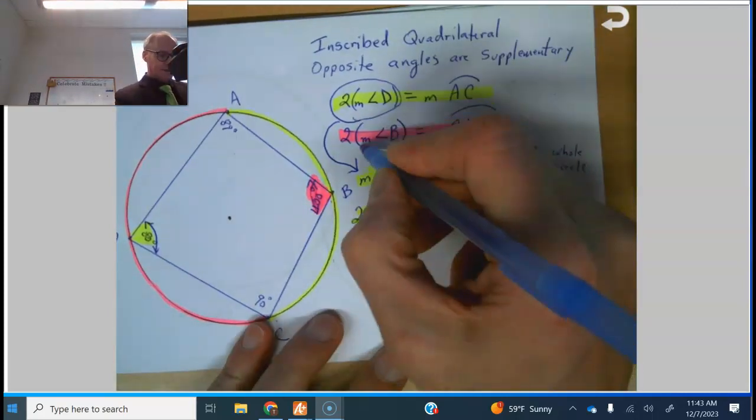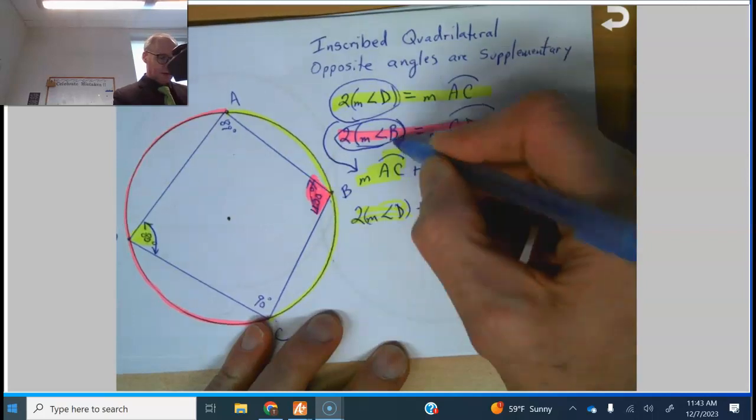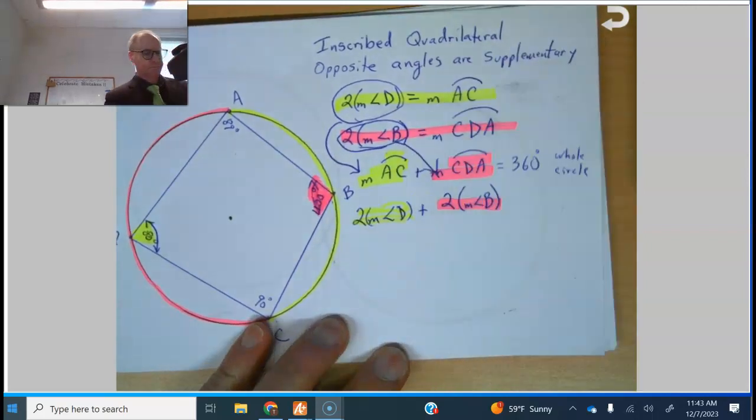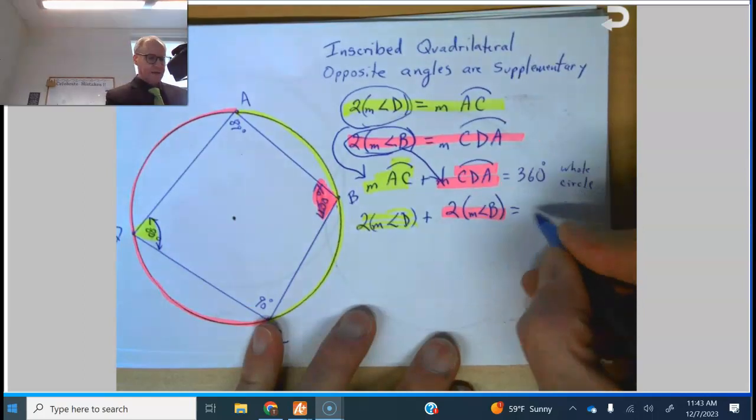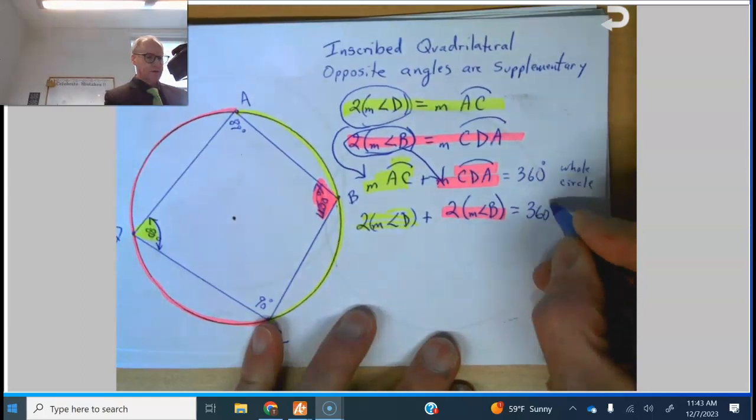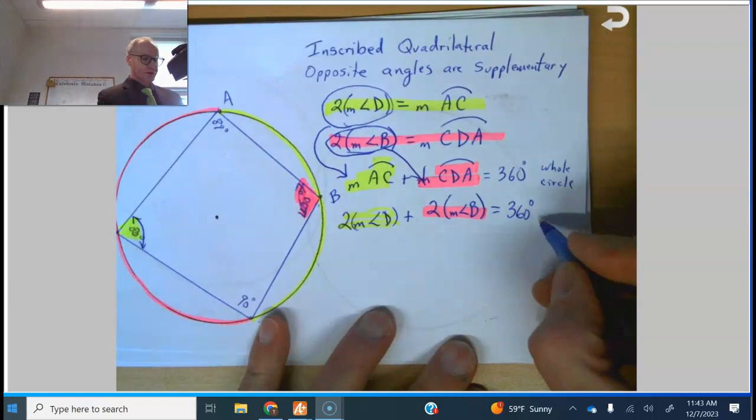I'm putting this instead of that. And when I add that together, I should get 360 degrees. All we did is substitution.